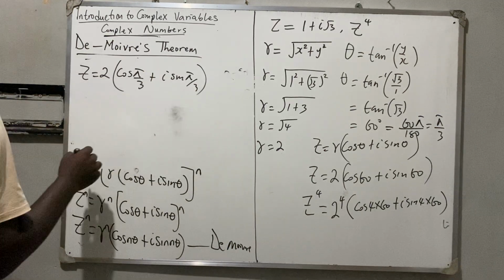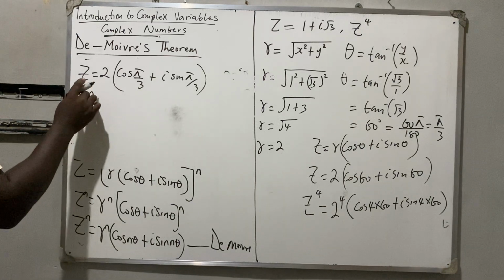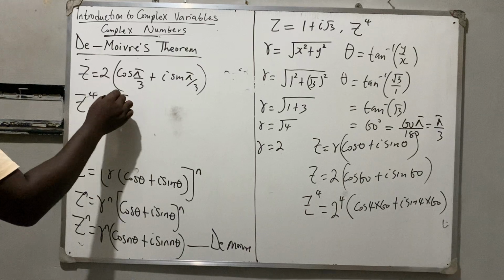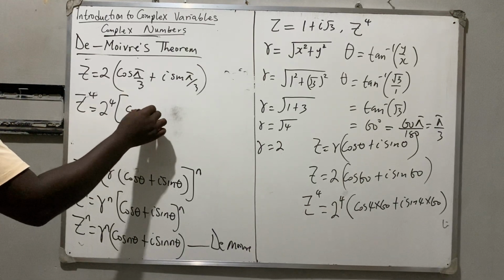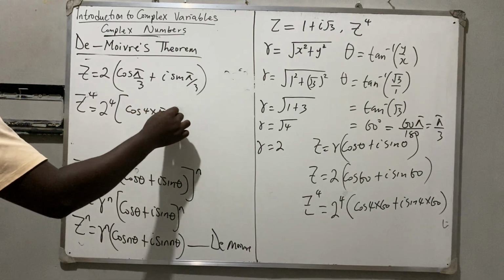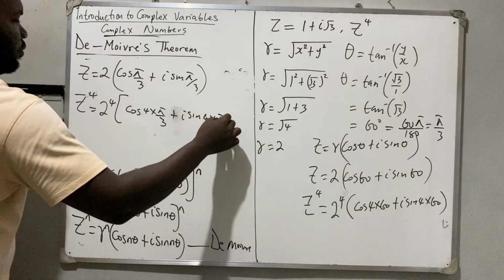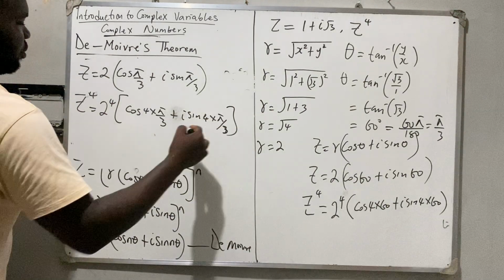Okay, like this. So therefore, z raised to power n, or z raised to power 4, will now be this one first: 2 raised to power 4 in bracket of cos 4 times pi over 3 plus I sine 4 times the same pi over 3. So that is what the De Moivre theorem is saying.